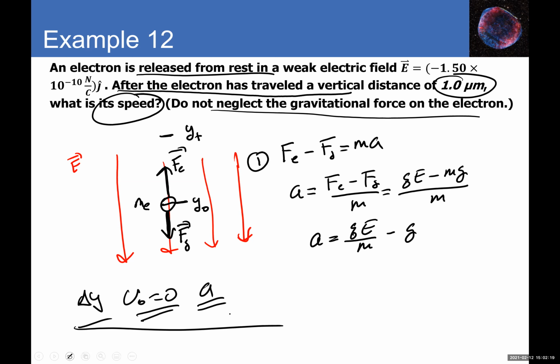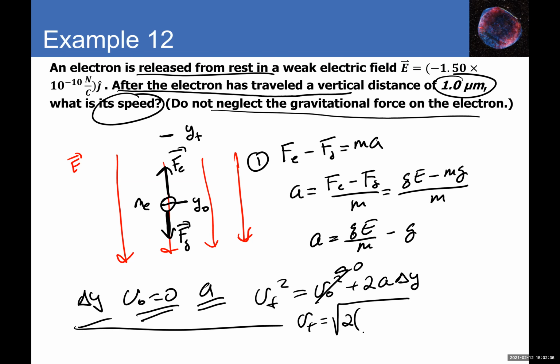How do I calculate the final velocity? Well, using equation 3 of the kinematic equations: final velocity squared equals initial velocity squared plus 2 times acceleration times delta y. The initial velocity here is 0. So the final velocity equals the square root of 2 times, then I plug in, q times E over m minus g. And then do the calculation.